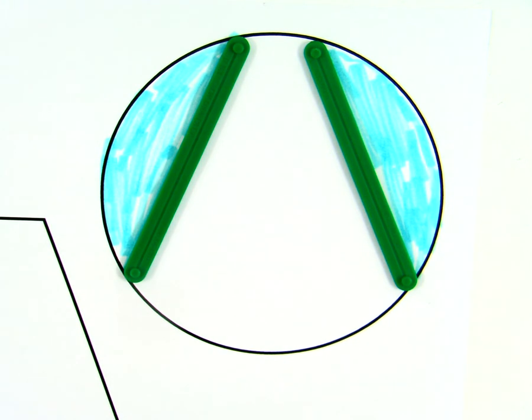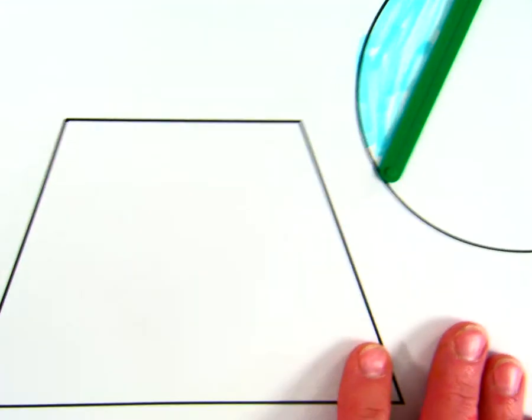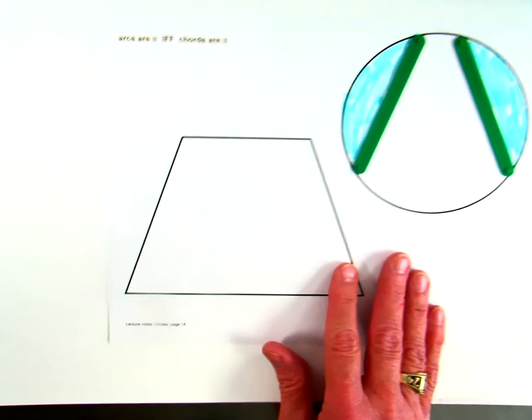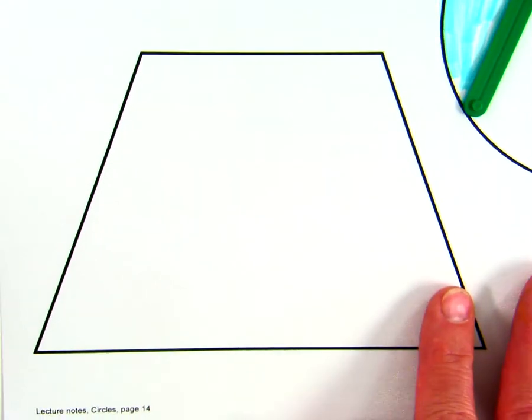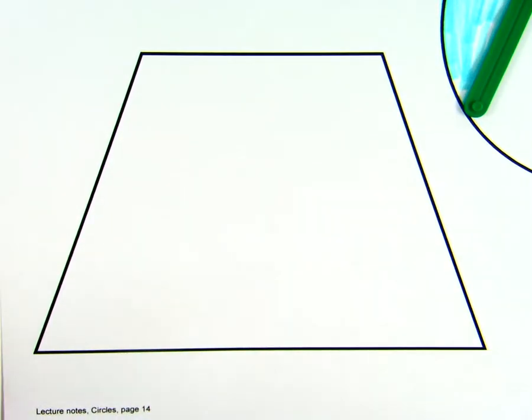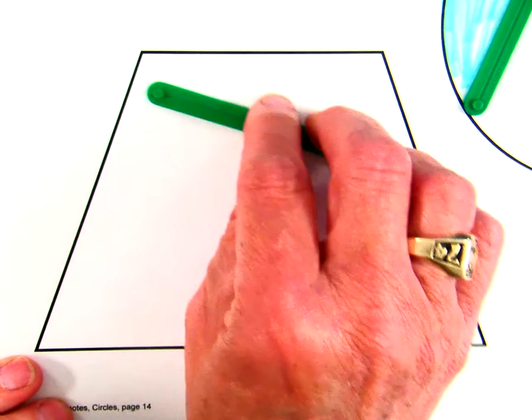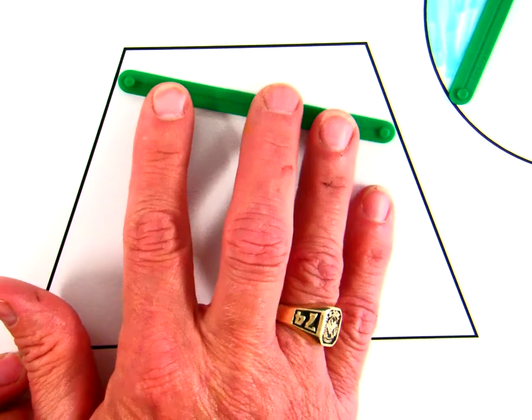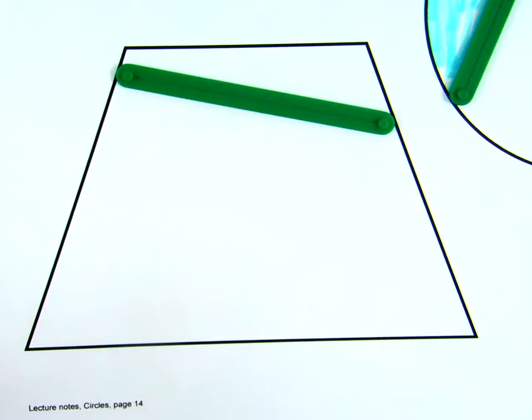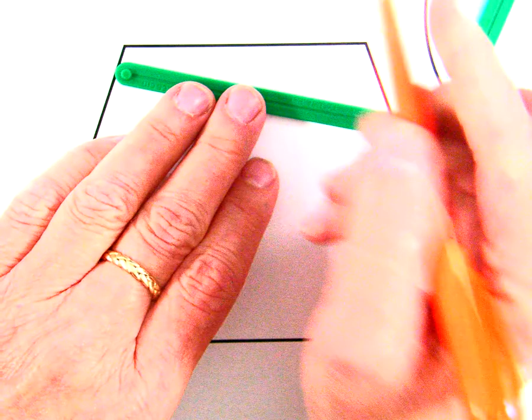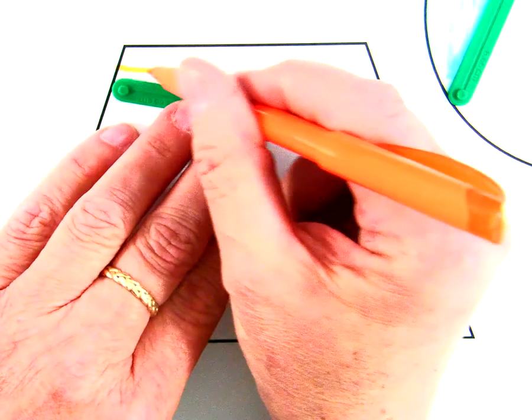So here we'll have a figure that's not round. It's a trapezoid. What's going to happen when we do the same thing to that? I will take my two green sticks and I'll make one slice right about like that. Okay, so that'll look about like that.